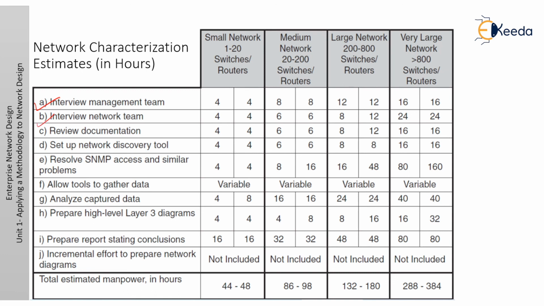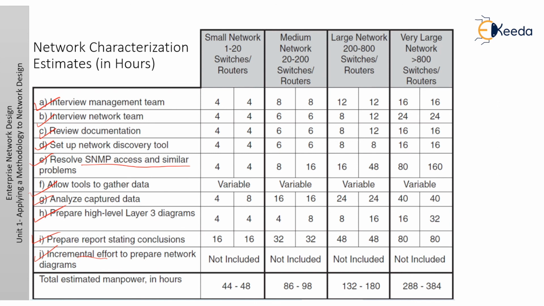Then reviewing the documentation, setting up network discovery tools, resolving SNMP access and similar problems, allowing tools to gather data, analyzing captured data, preparing high level layer 3 diagrams, preparing a report stating conclusions, incremental effort, the life cycle model to prepare network diagrams, and total estimated manpower in hours. So these are the parameters.